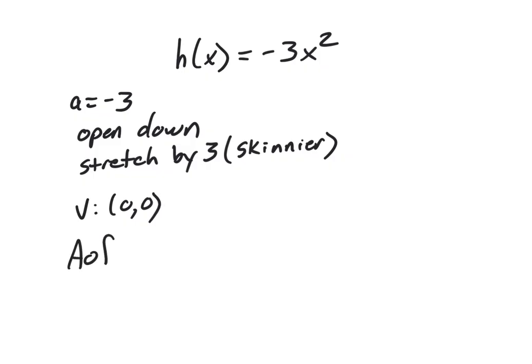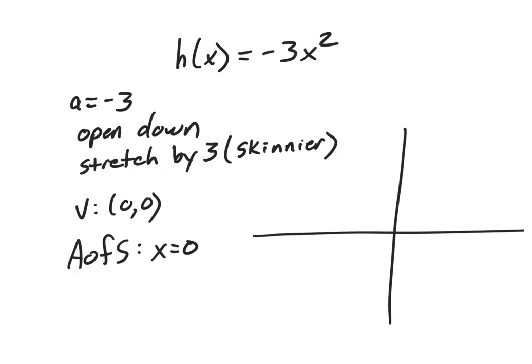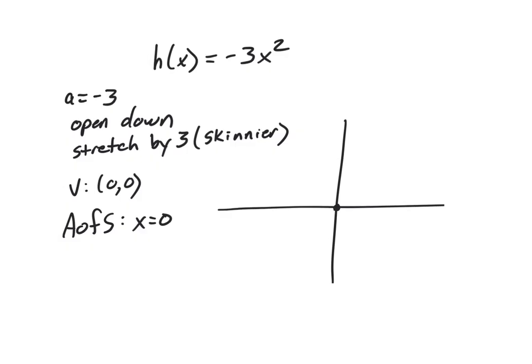My axis of symmetry is x equals 0. So if we were going to sketch a graph of this, here's the things that I would be looking for, okay? It's going to start at 0, 0. That's where my vertex is. I always put the vertex in the middle of my table of values.